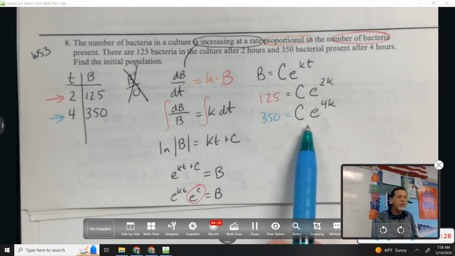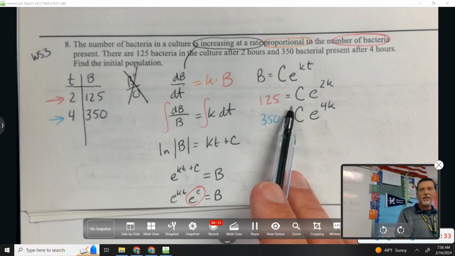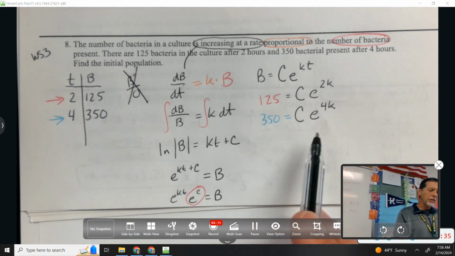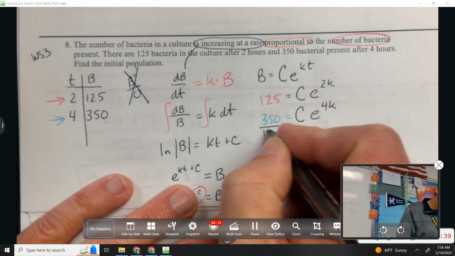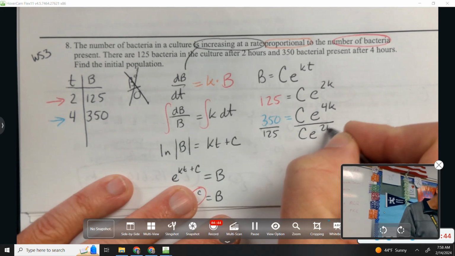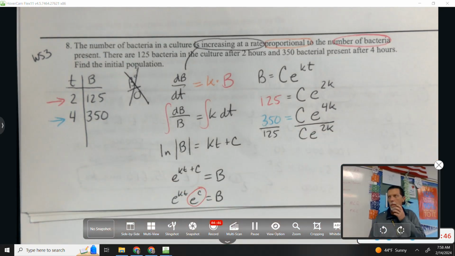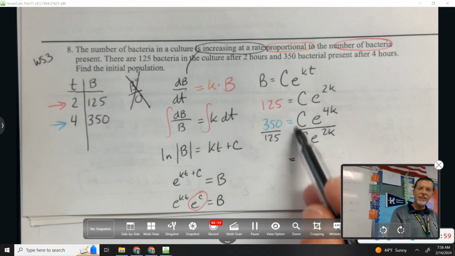What I think the easiest thing to do would be to divide one equation by the other. And probably the big one by the little one, because that will just make life a little easier. So I'm going to divide by 125 and divide by c e to the 2k. Oh man, those are not good faces. I don't like this. But the reason I'm going to do that is what happens over here?